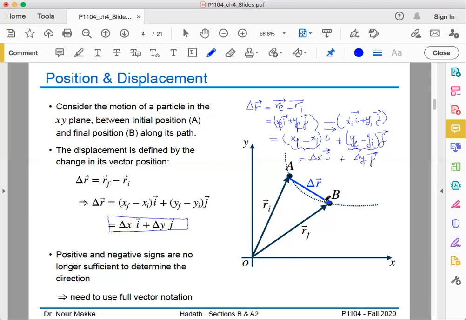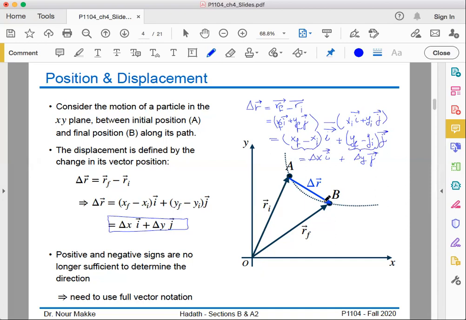So of course, positive and negative signs are no longer sufficient to determine the direction of delta R. So previously, in the case of motion in one dimension, we used to say that if delta R is positive and if delta R is negative, this is enough to tell us in which direction the particle is moving. So either it's moving in the positive X direction or is it moving in the negative X direction.